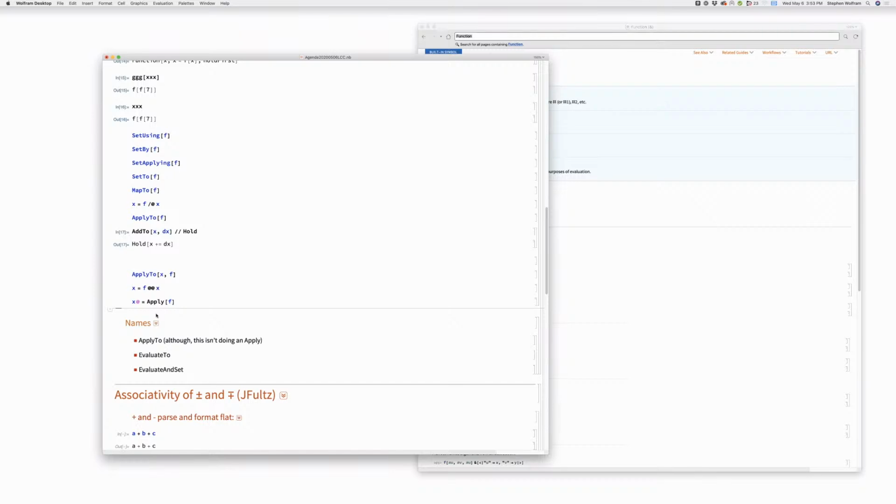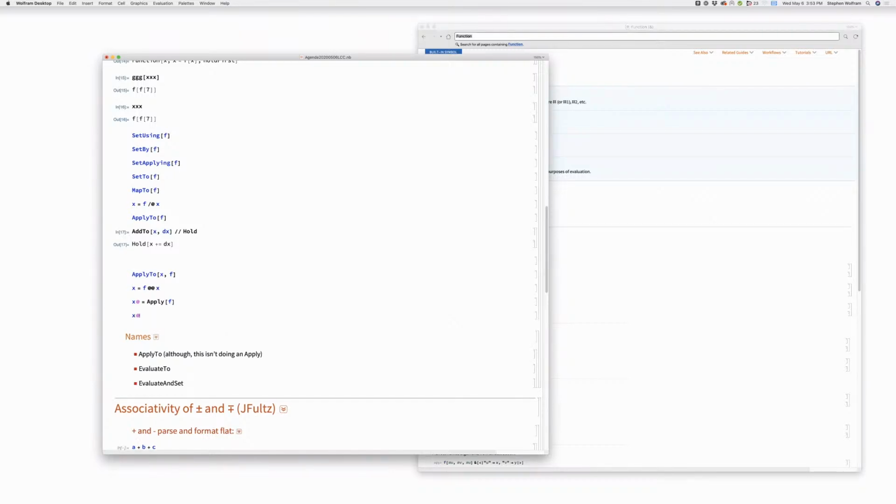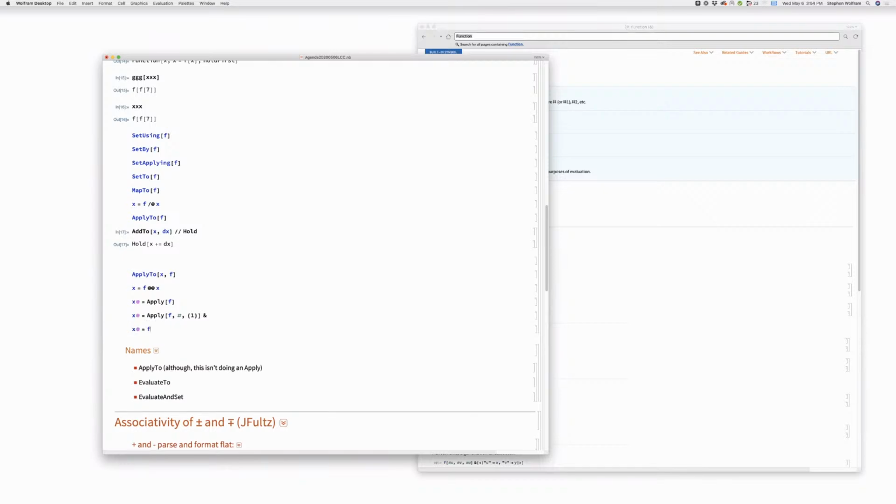But then the question is, what is the version x at equals apply f to hash comma 1, which is the form for f triple, or I would write it a different way. F at equals f triple at hash ampersand, right?